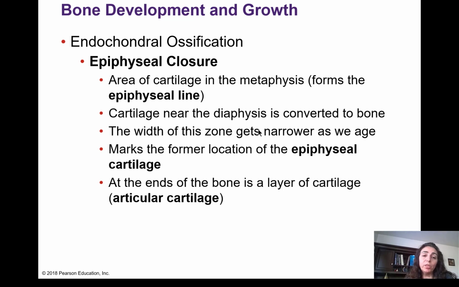And here you see epiphyseal closure, that the area of the cartilage in the metaphysis forms the epiphyseal line. So whenever you see an epiphyseal line in an X-ray, for example, you can say that the growth in that bone has finished, and that this is an adult, not a kid, right?